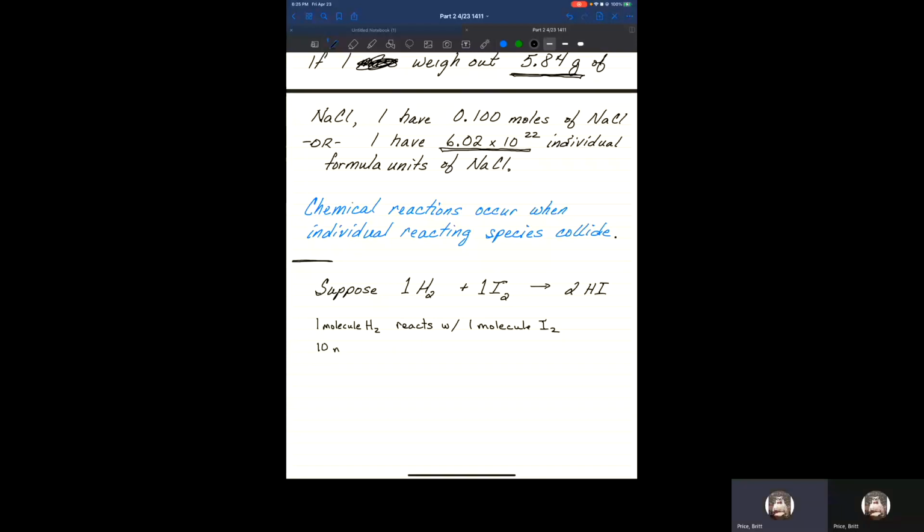Ten molecules of H2 react with 10 molecules of I2.